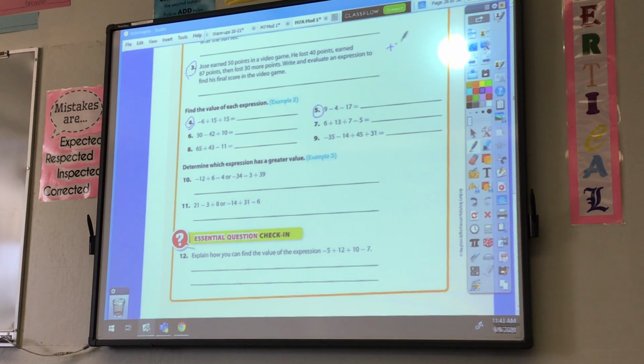So positive and negative numbers. And then you write your equation or your expression. And I want you to do that in addition, right? Make everything addition. So you might have to do some keep, change, change.